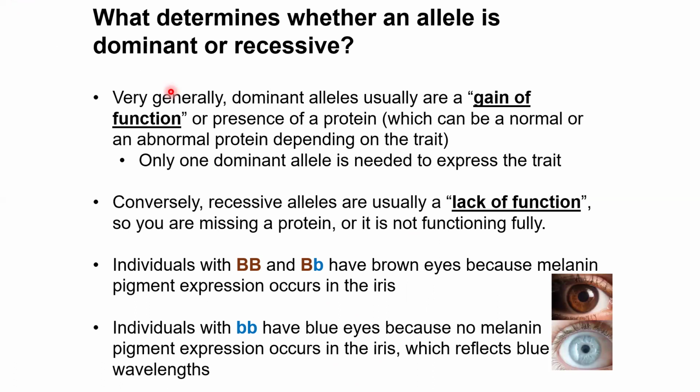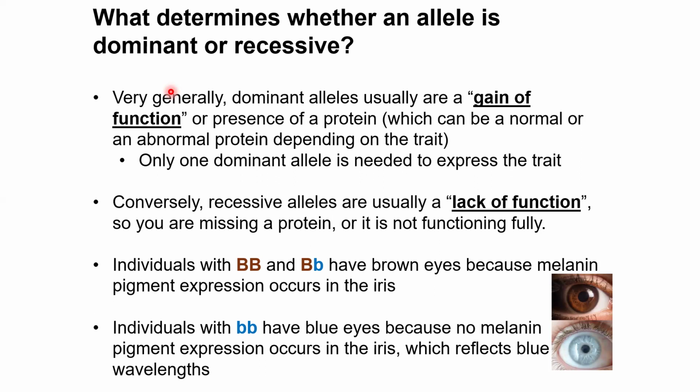Now, what actually determines the idea that an allele is either dominant or recessive? Usually it is a gain of function, where the presence of the protein is more prominent in the population, but only one dominant allele is needed to express that trait in some cases.